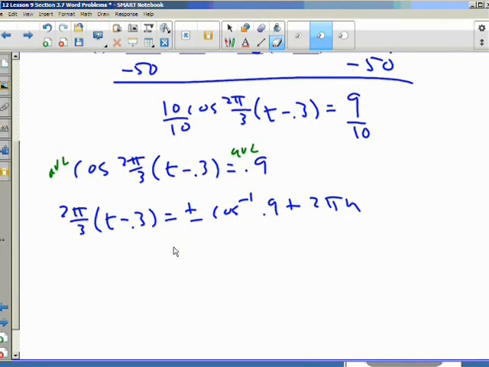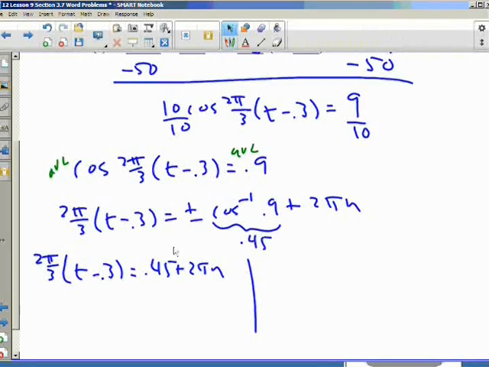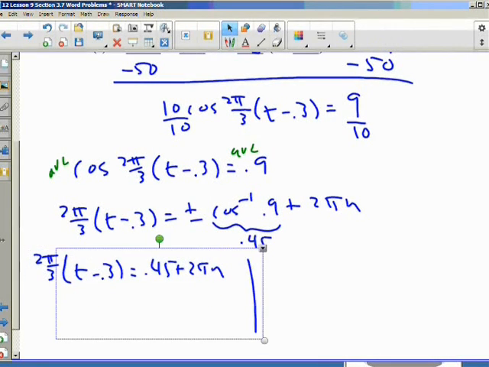And we're going to go ahead and separate these right away. So we've got 2 pi over 3 times t minus 0.3 equals 0.45. And the same stuff where we have a negative.